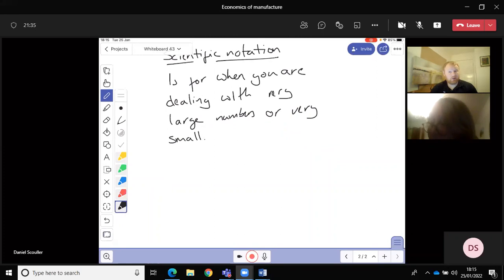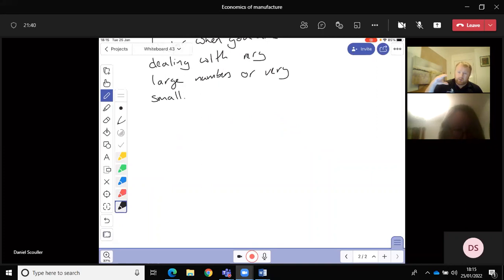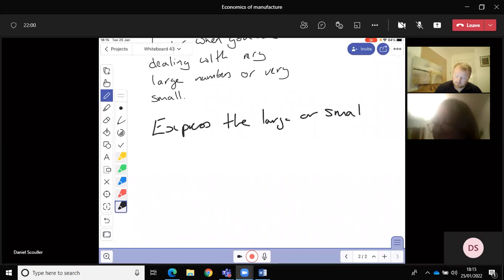Anything less than 1, we can also write down in scientific notation, because we want to express the large or small number using a number between 1 and 9.